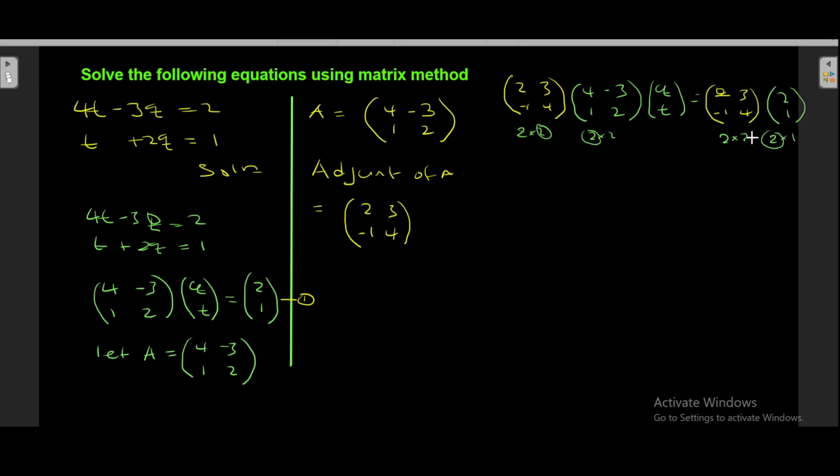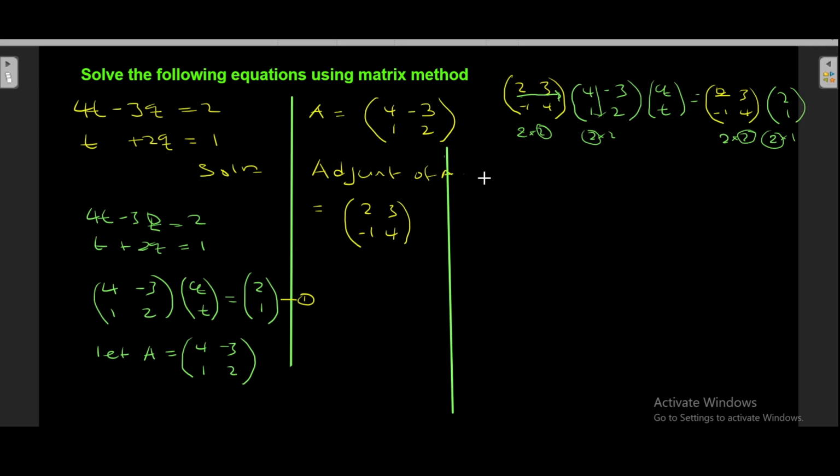If this one is the same as that one, therefore it is possible to multiply. Then let me multiply row with a column. That's how you're going to do it. Let me try to have more space here. I don't know if you can observe that.